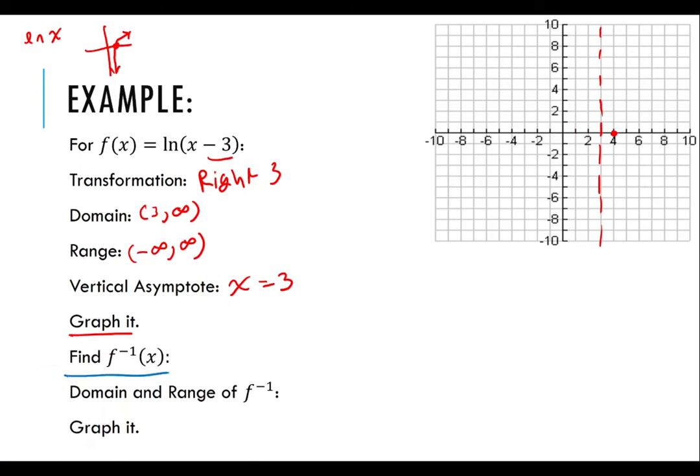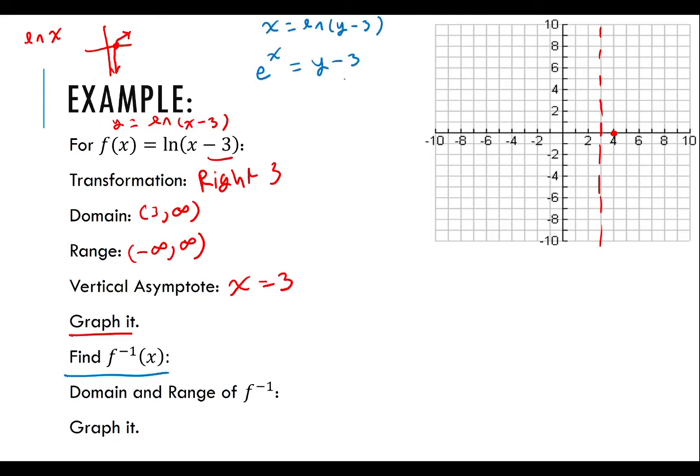So if we want to find the inverse, remember that first off, I just rewrite f of x as y. And then to find the inverse, I exchange the x's and y's and solve for y. So that's going to be x is equal to the natural log of y minus 3. Well, then using the definition of what a logarithm is, this says the same thing as e raised to the x power is equal to y minus 3.